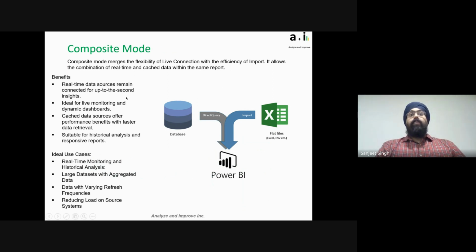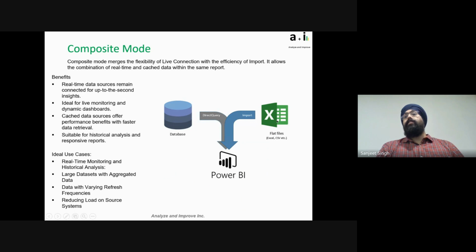Benefits: real-time data sources remain connected for up-to-the-second insight. Like the fact table, you want the fact tables to be updated in real time. However, the dimension tables remain fixed. If you look at the diagram, the database is updated on a real-time basis.